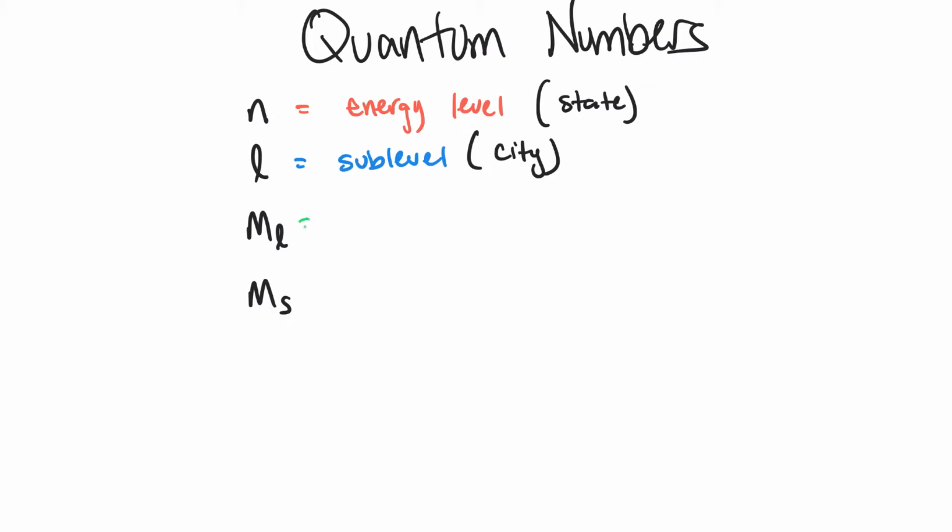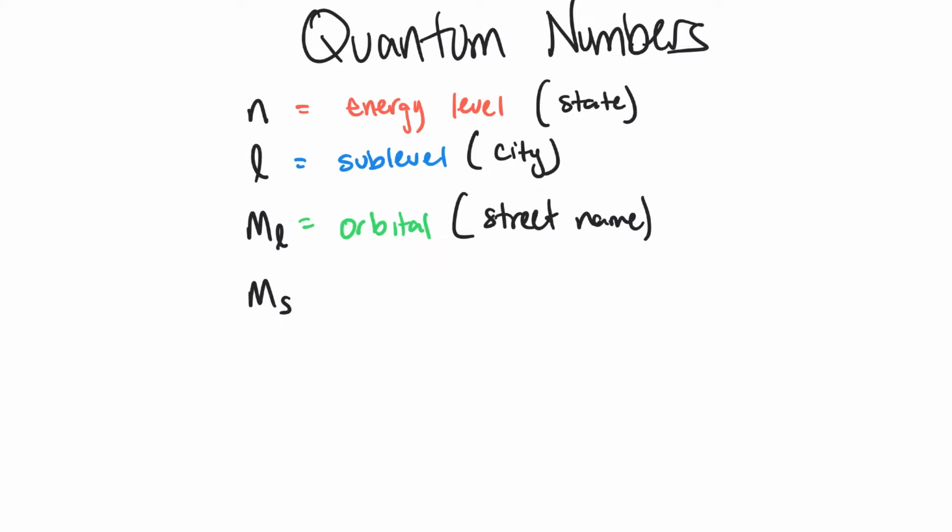When we talk about m sub l, we're asking which orbital we are talking about. So what street name? That's a way you could compare it. We know that the orbital is within sublevels, and sublevels are within energy levels, just much like street names are within a city, and the city is within the state.